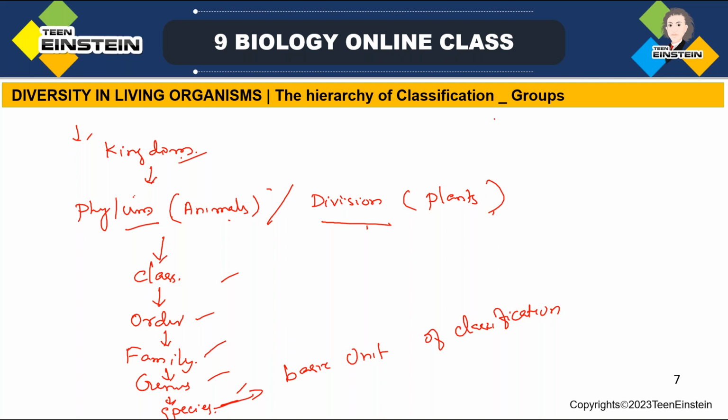So, which are the five main kingdoms proposed by Whittaker? Kingdom Monera, then Protista, third one is Fungi, fourth one is Plantae, fifth one is Kingdom Animalia.